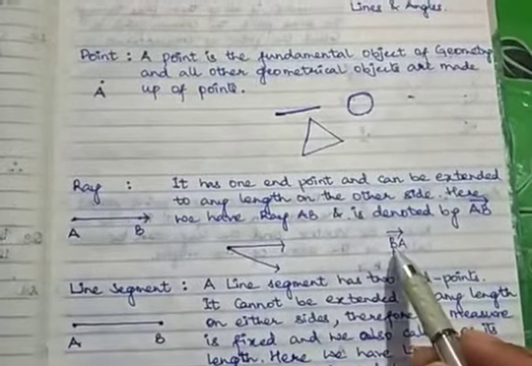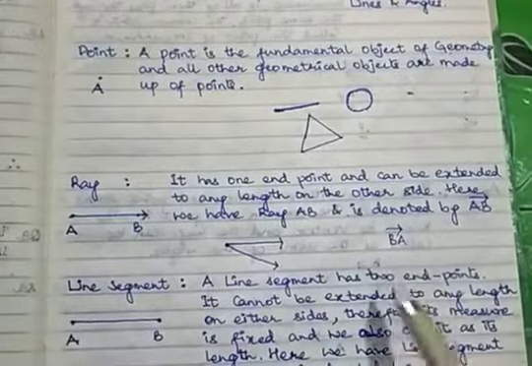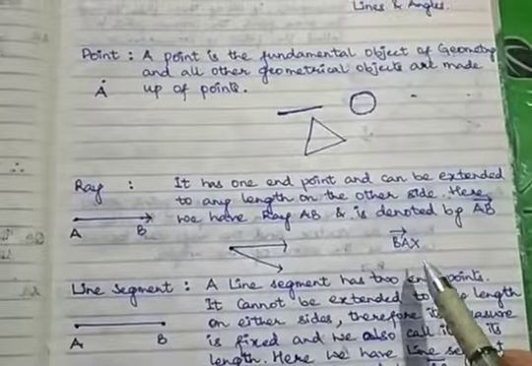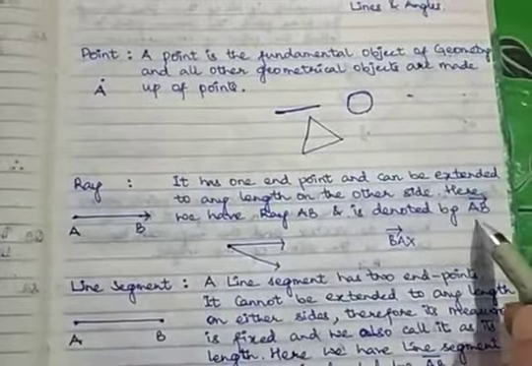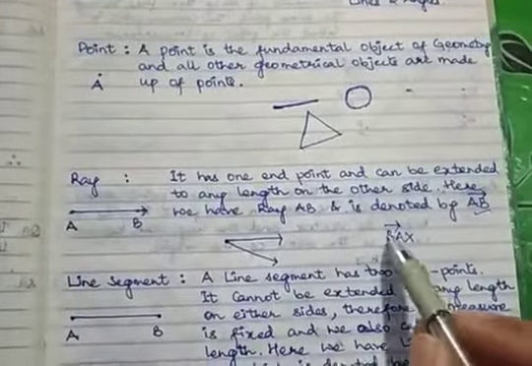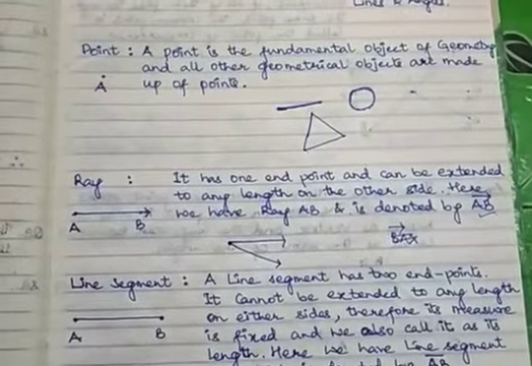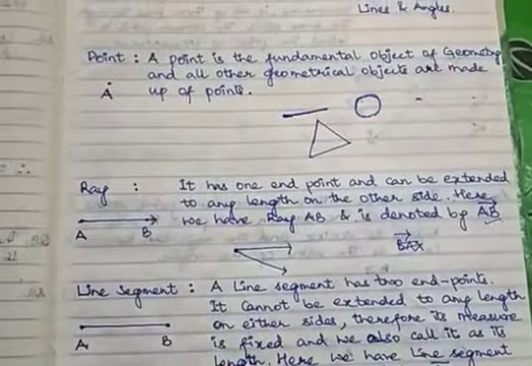BA would mean B is the endpoint and it's extending towards A, so that would be incorrect. AB is the correct term to denote the ray AB.